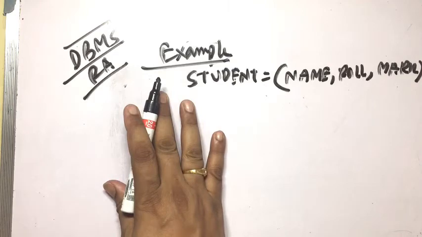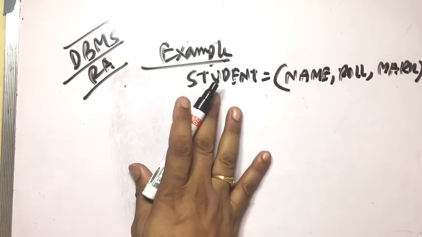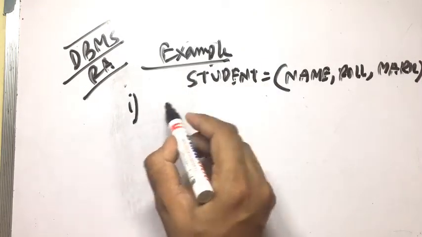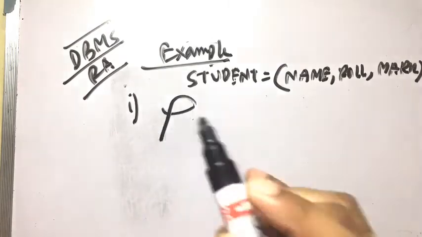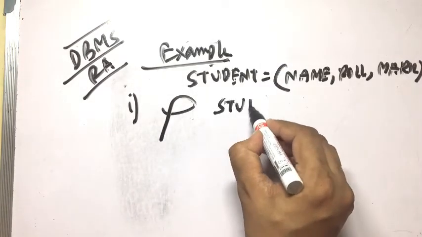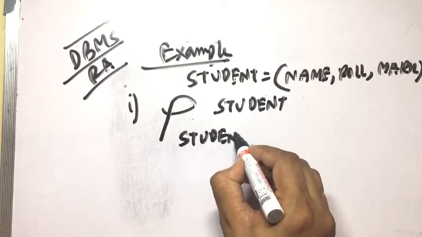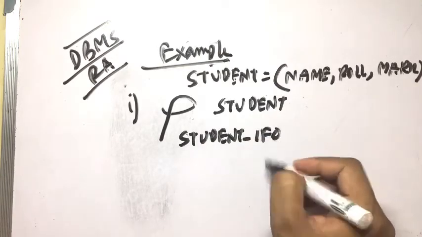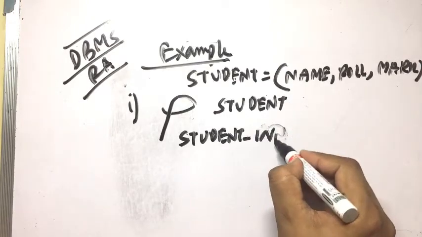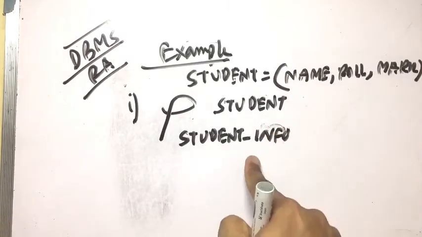Suppose I want to rename the student table to the student info table. Then the first one is this: rho, the old table name is student, the new table name is student_info. This is the old name, this is the new name.